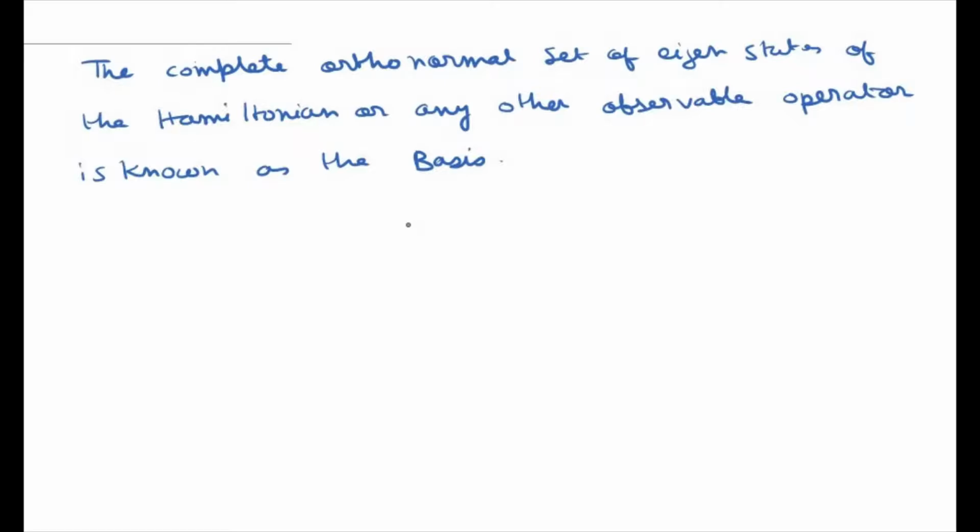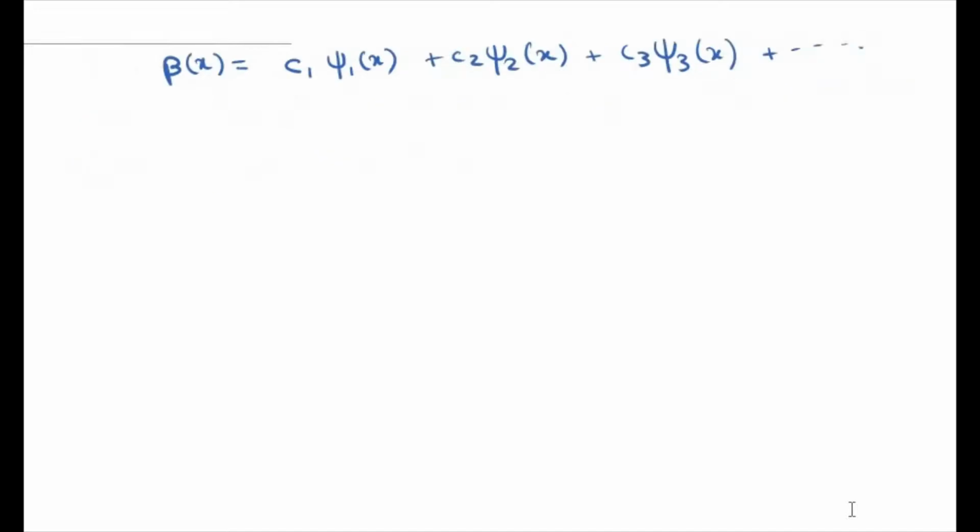Of course, it is not necessary that we expand any wave function only in terms of the basis, but it is actually convenient because we can, in this case, easily determine the different constants C1, C2 and C3 of the system.